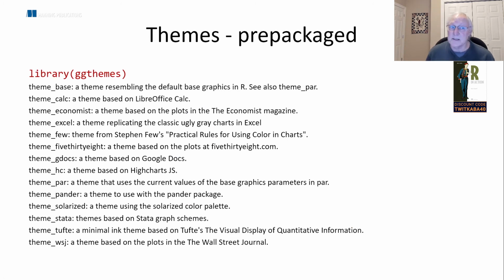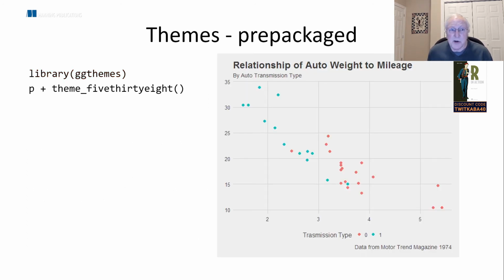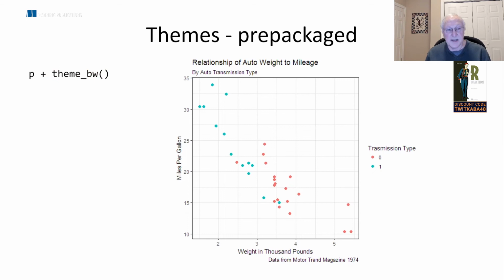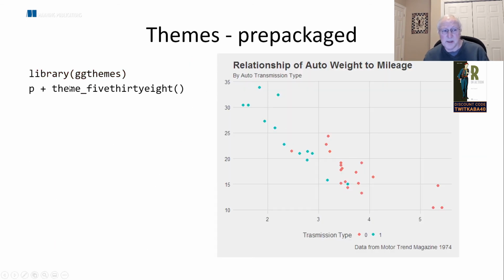There's lots of prepackaged looks and feels for graphs in the ggthemes package, including ones that are specifically designed for different journals and magazines. Here's an example of a prepackaged theme for 538. So this is the exact same graph as this, just with a different theme.